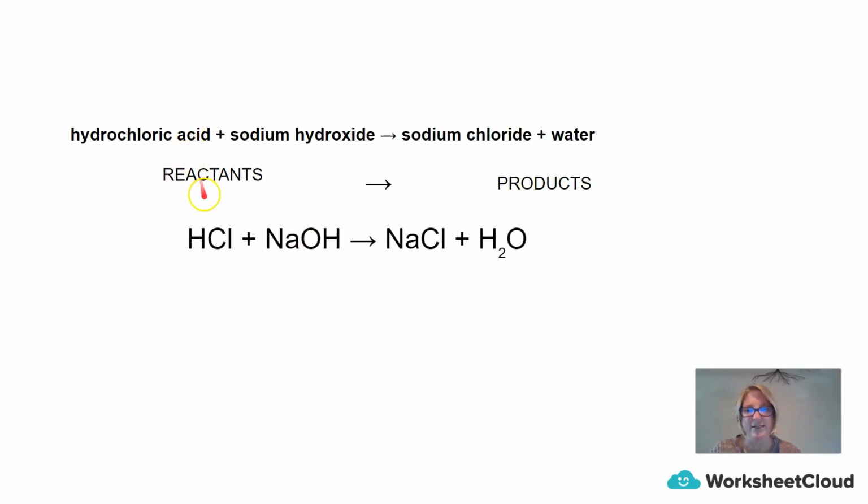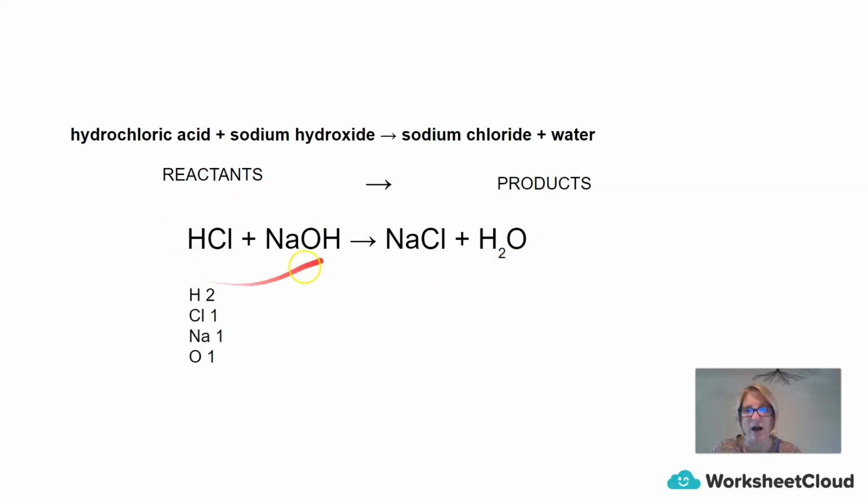So hydrochloric acid is HCl, sodium hydroxide is NaOH, sodium chloride is NaCl, and water is H2O. And now what we need to do is we need to check whether or not this equation is balanced.